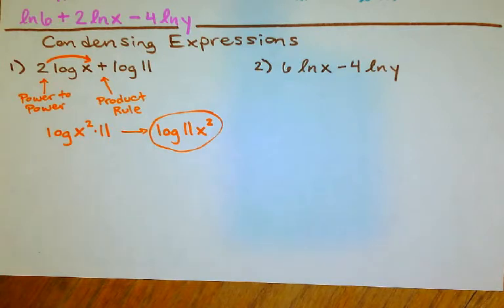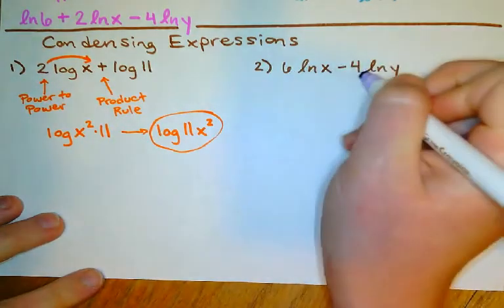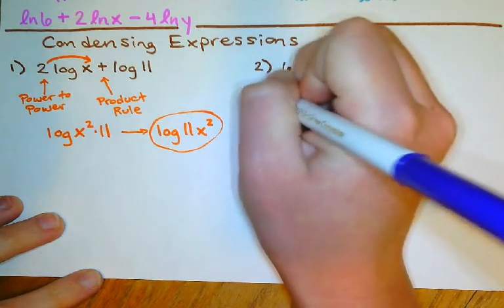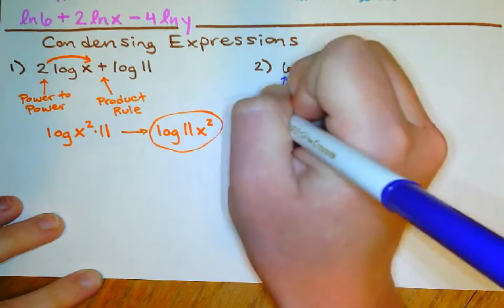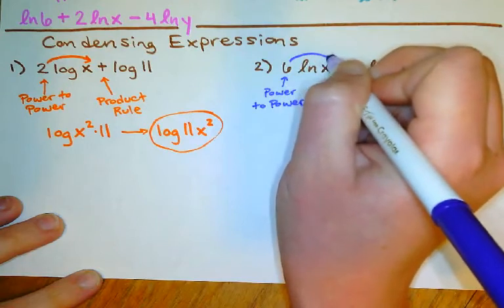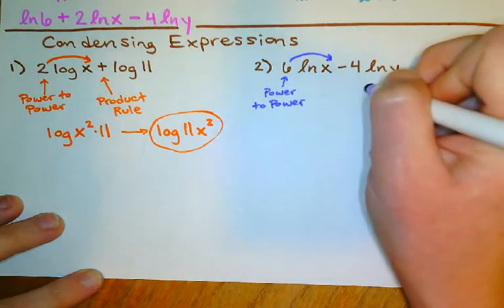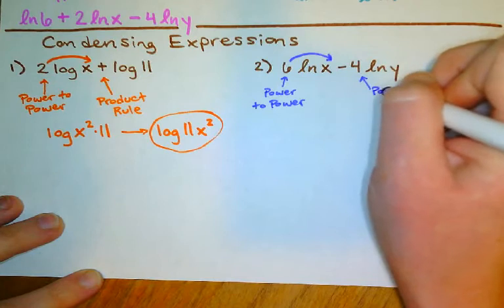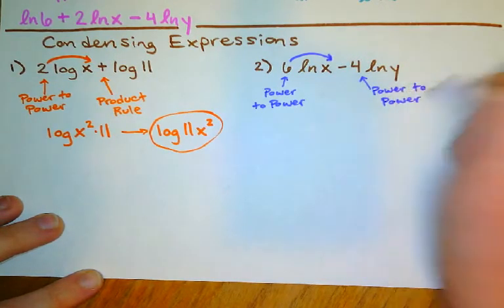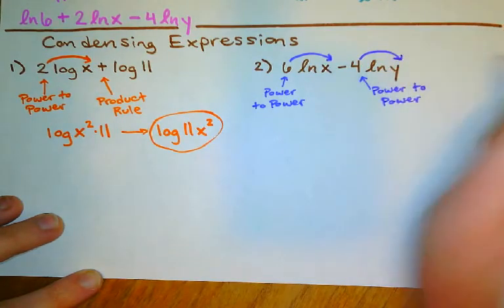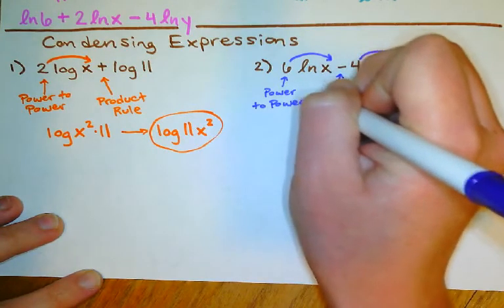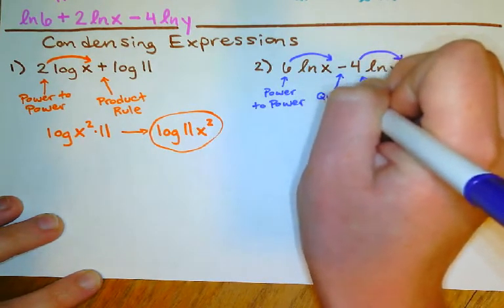Okay, we see these numbers in front mean we have power to a power. So that 6 is going to go up here in the exponent. This 4 is also a power to power rule. So this 4 is going to go in the exponent for the y, and then this minus sign right here is the quotient rule.